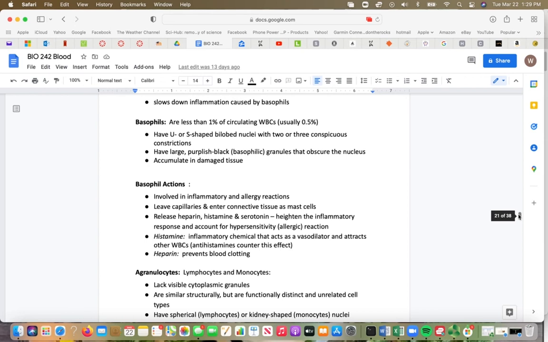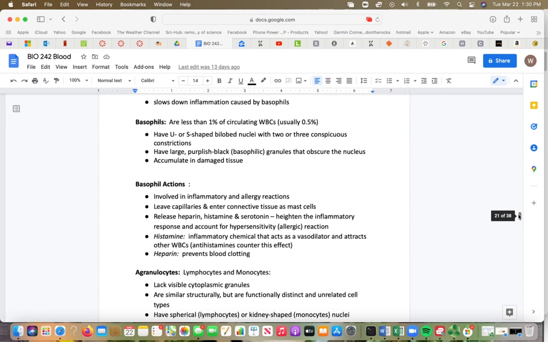So basophils are going to be involved in inflammatory and allergic reactions. They will leave the capillaries and go into the connective tissue as mast cells. In there, they can release heparin, histamine, and serotonin that help to increase that inflammatory response and give you your hypersensitivity or allergic reaction.